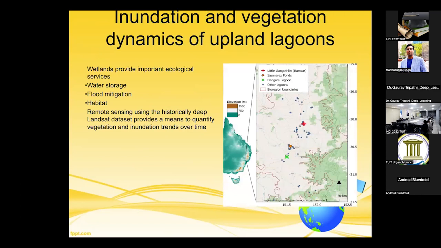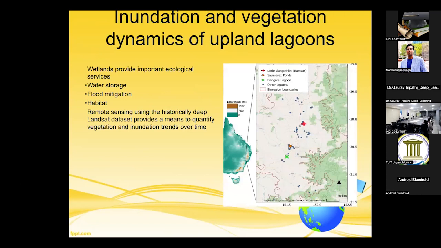Why LULC can be a very good thing for a global domain. Basically, it's about inundation and vegetation dynamics of upland lagoons. There are certain wetlands which provide ecological services like water storage, flood mitigation, and habitat. So, remote sensing using the historically deep Landsat dataset provides a means to quantify vegetation and inundation trends over time.